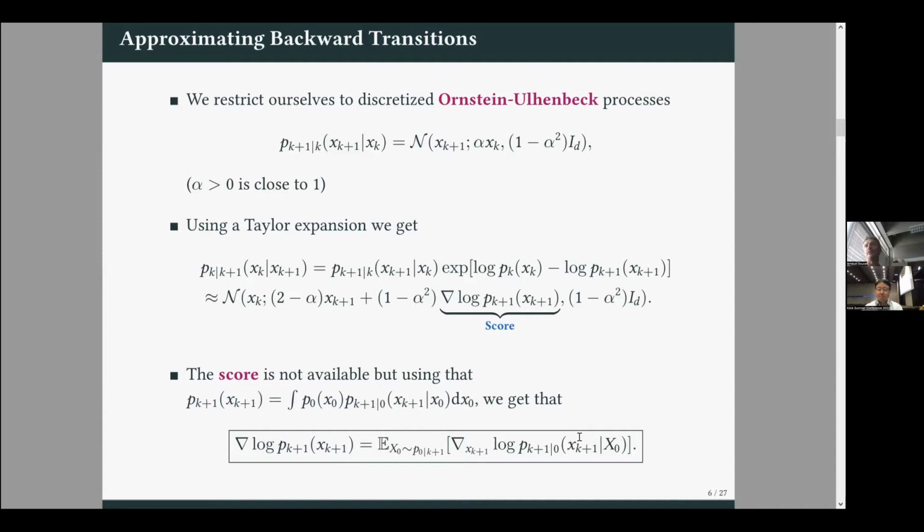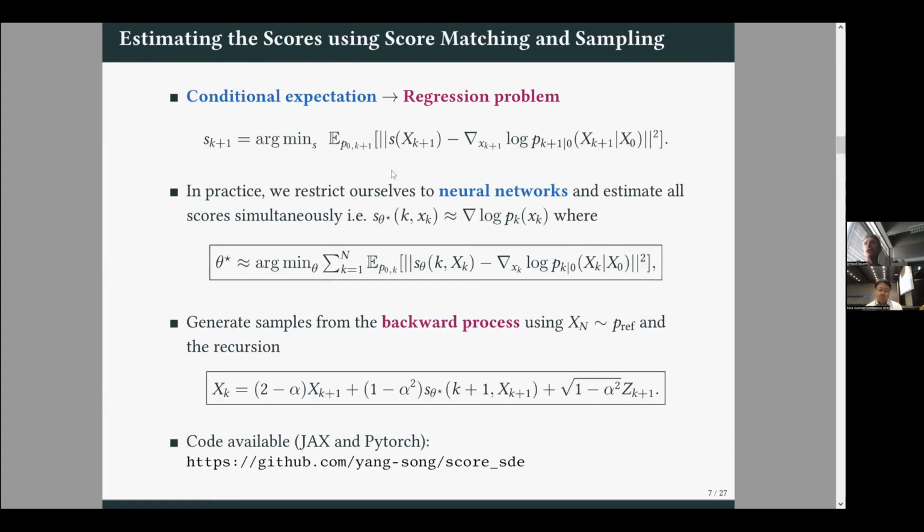Okay, but yet we've made progress, because we've replaced the intractable quantity by a conditional expectation. Now, that suggests a way to approximate this quantity. Because the score is this conditional expectation, it can be reformulated as the solution to a regression problem.